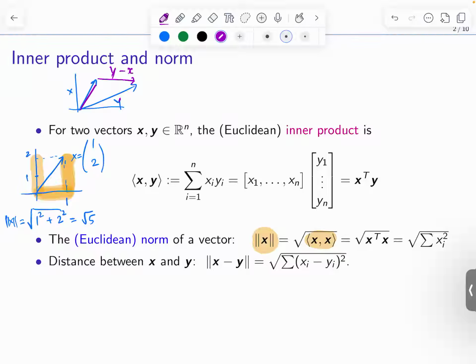So this is x, and x plus (y minus x) gives me y. So that's vector addition in a picture. And so the length of the difference gives you something about the distance of the points. If you look at the norm of y minus x, that will be this distance.